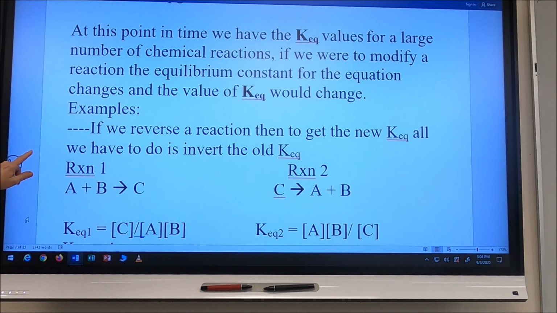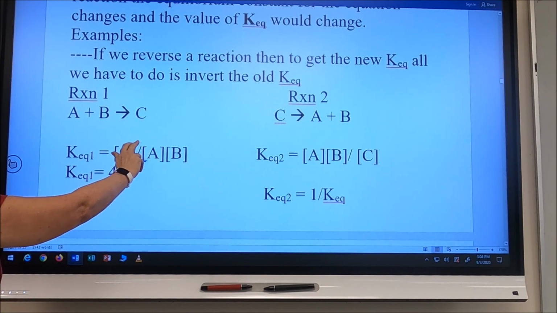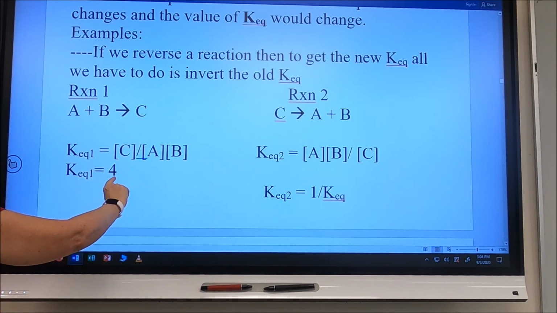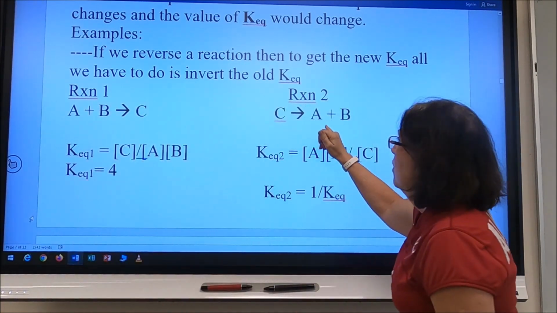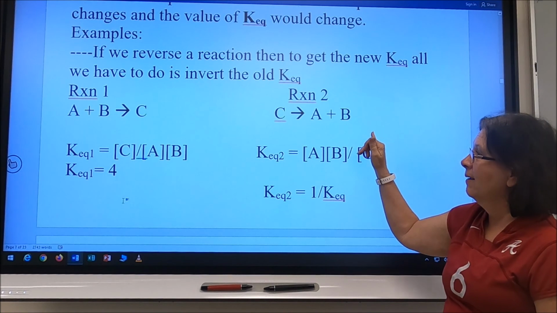One of the things that we might want to do with a reaction is look at the reverse reaction, just flipping the reaction around. So if I have A plus B going to C, and I know what the equilibrium constant value is, I can use it to determine what the equilibrium constant value is for C going to A plus B.